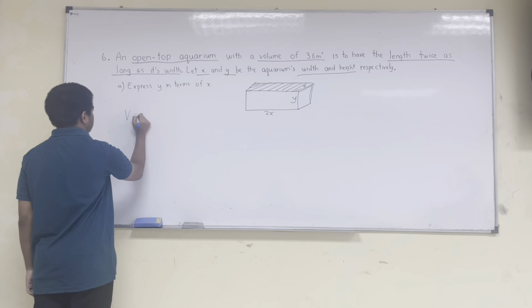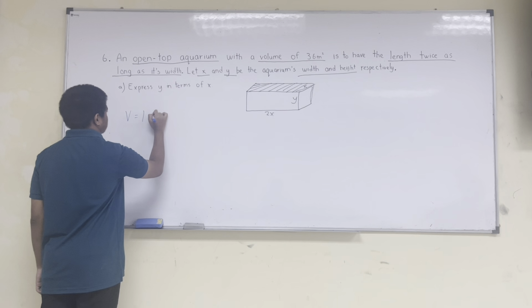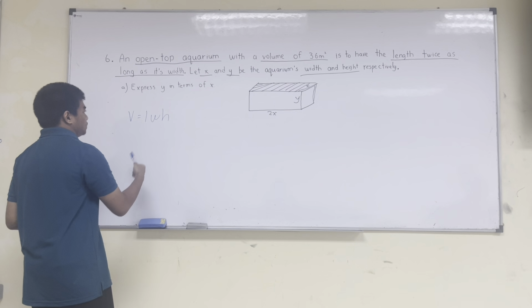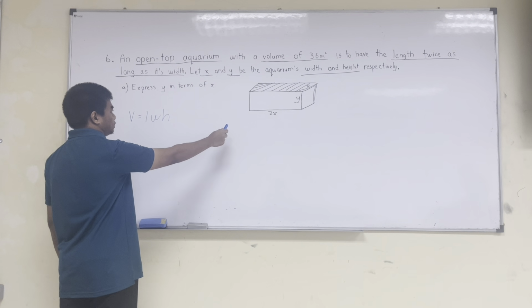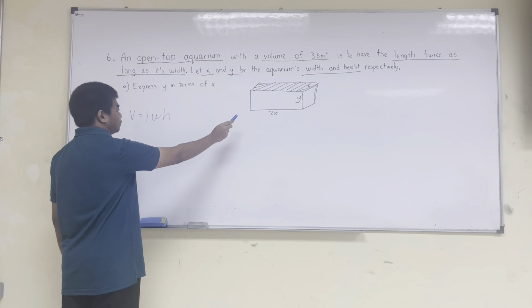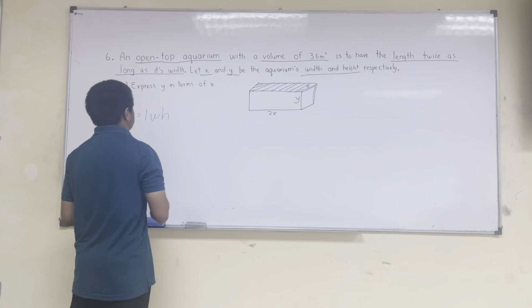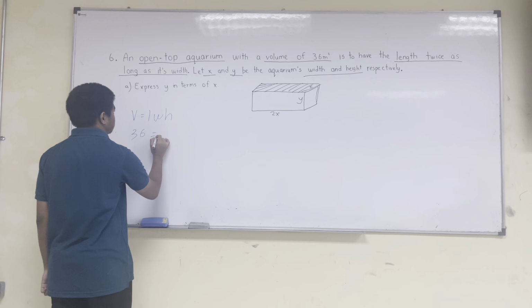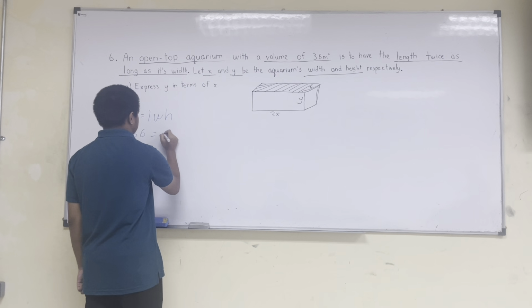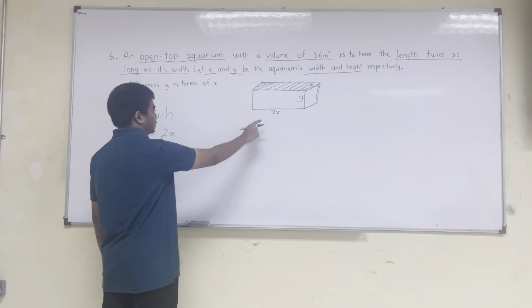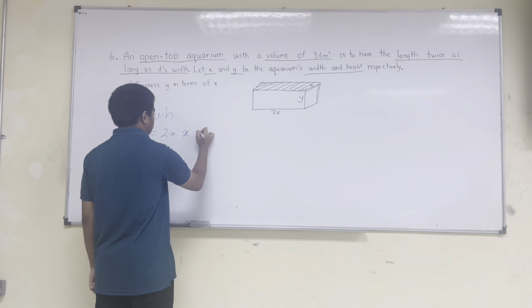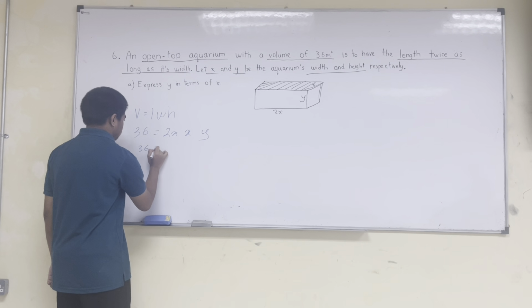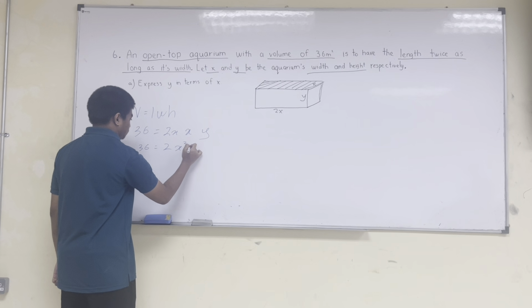V equals length times width times height. We take the information from the question, and it will be 36 equals 2x times x times y, and it will be 36 equals 2x squared y.